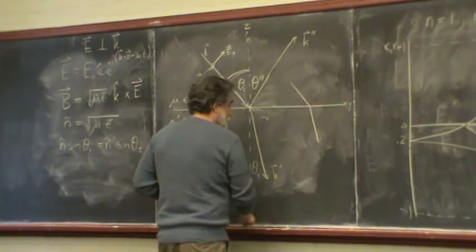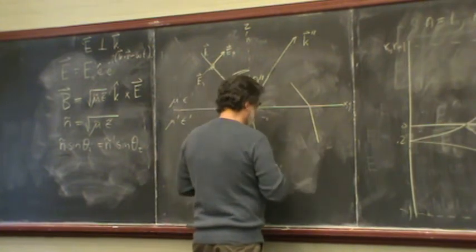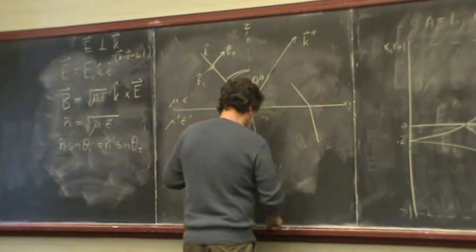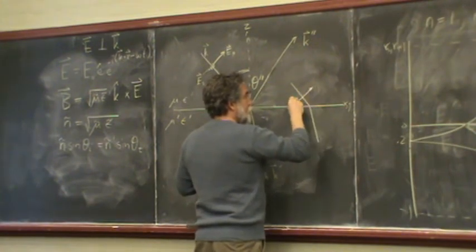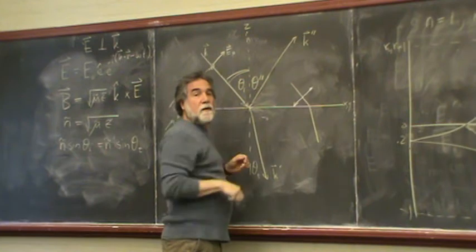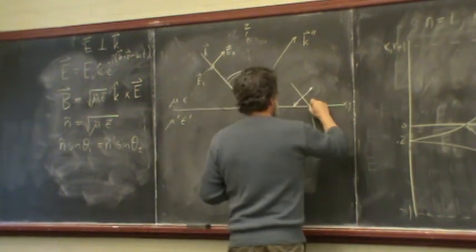My electric field here points that way. It's oscillating like so. Now I've got my reflected wave.